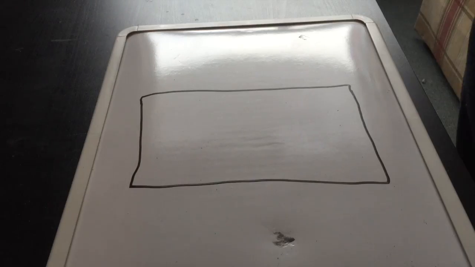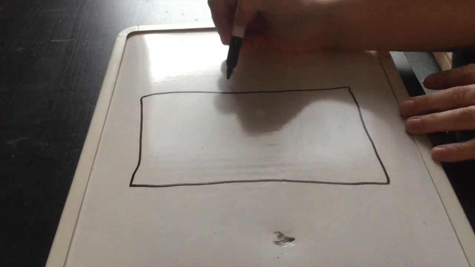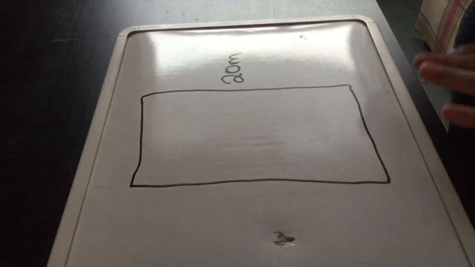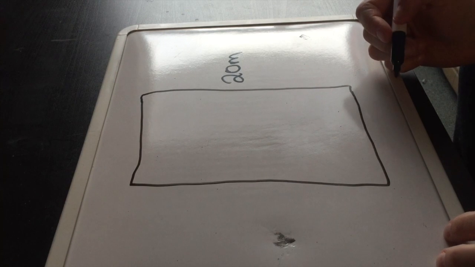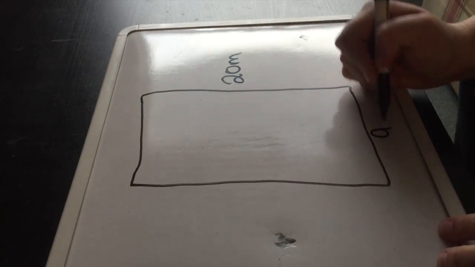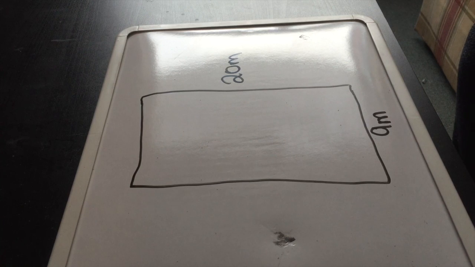Let's say we have a basketball court. If this basketball court was 20 meters by 9 meters, right now, being an adult or someone who has higher level education, we could automatically tell you, with maybe a little bit of mental math, what the area and perimeter is.